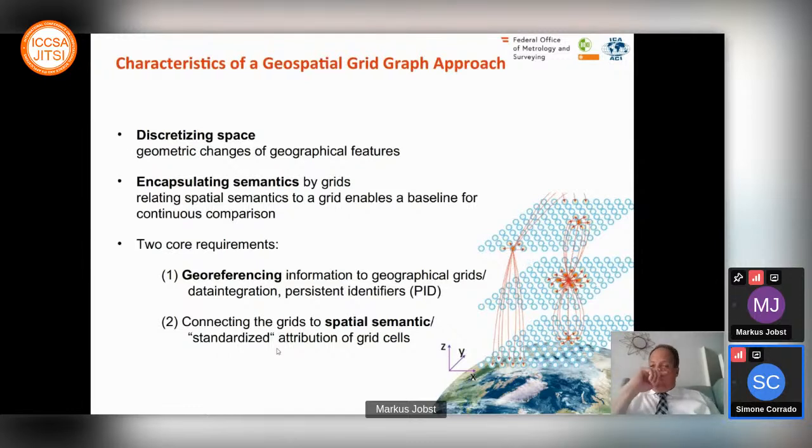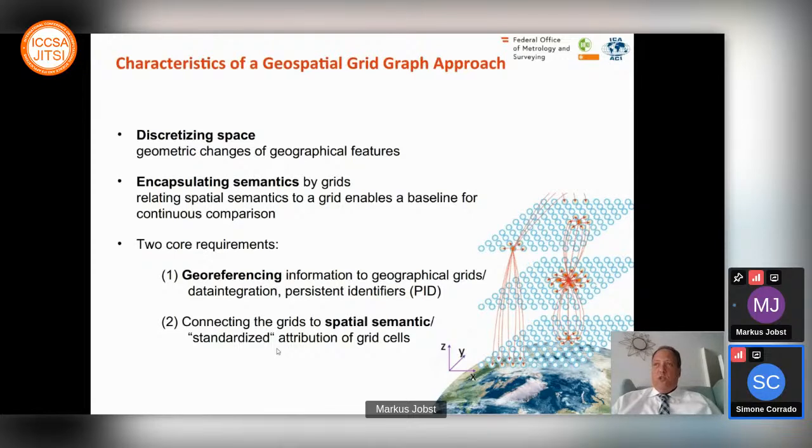But now the question is, if this information is collected, it's not always the same, it's changing. And how could we observe it? How could we create an observable, discrete space of this information? So discretizing space in order to steer and observe geometric changes of the geographical features is the approach that we're heading to. And we need to encapsulate the semantics.